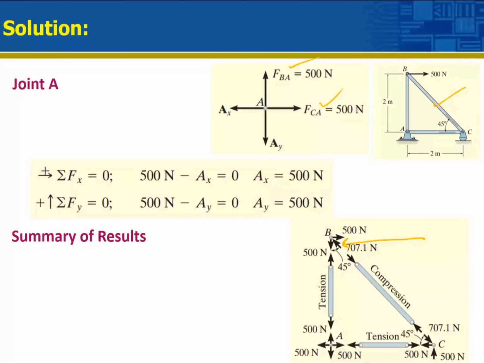So if I look at the member, the same force now applies in the opposite direction. So it clearly tells us that this component is under compression, this one is under tension, and this one is also under tension. Is that clear to everyone?